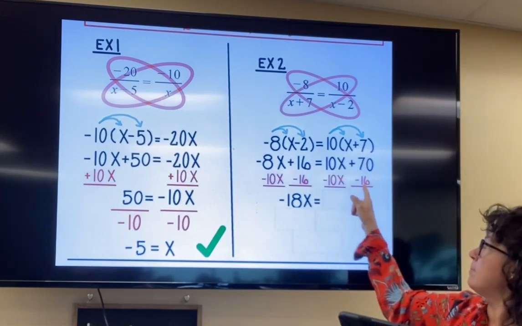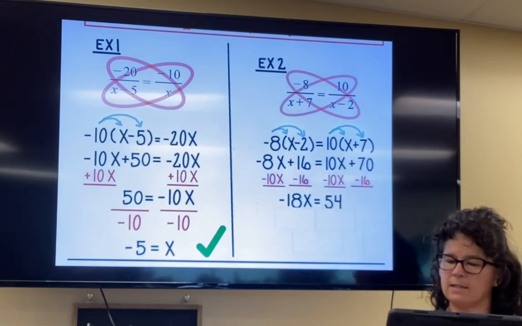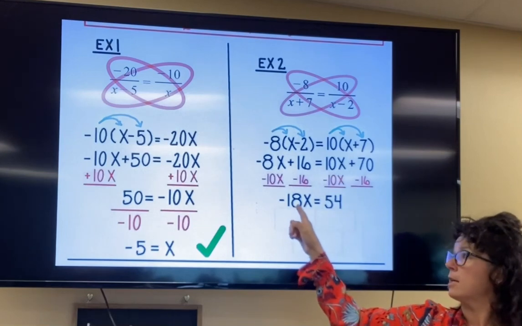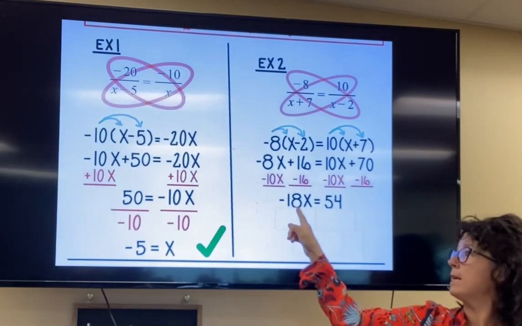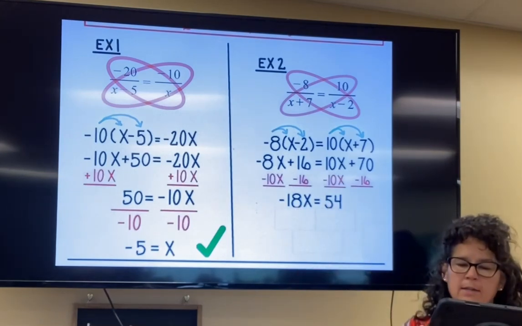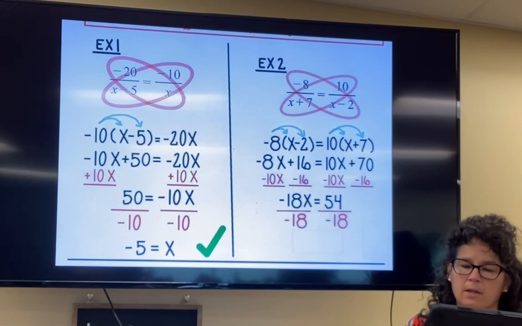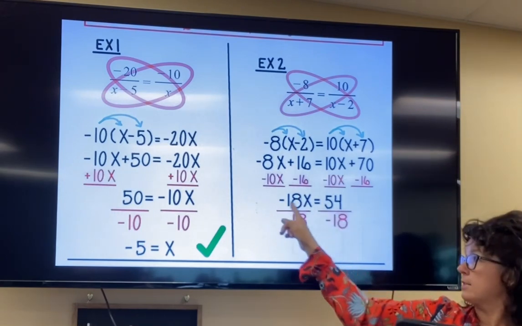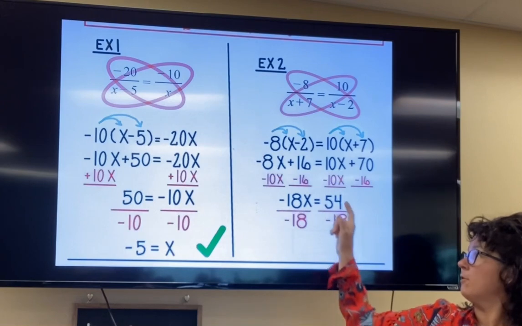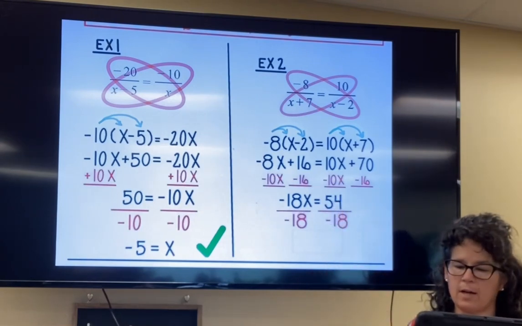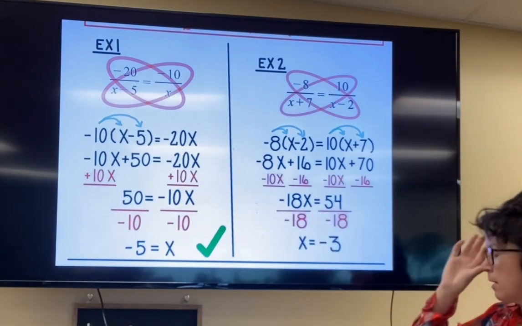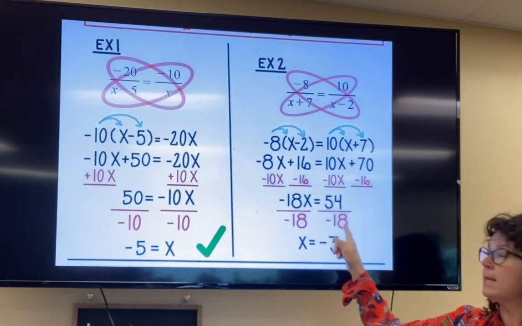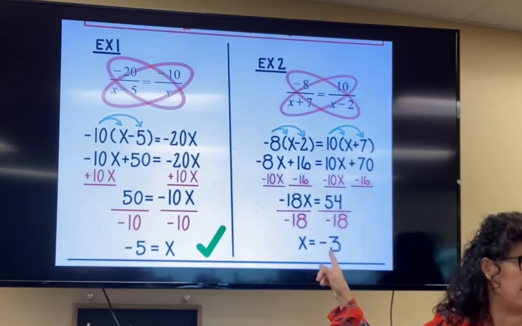And then 70 minus 16 is 54. Now get rid of multiply by negative 18 by dividing by negative 18. And these cancel, so I have x by itself, and then this fraction simplifies. 54 divided by negative 18 is negative 3.